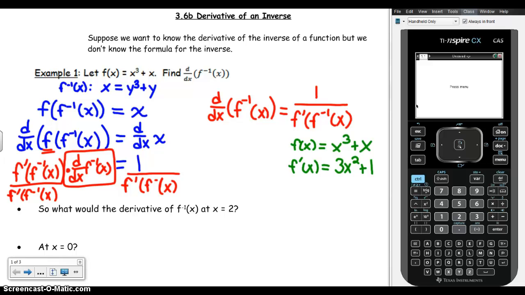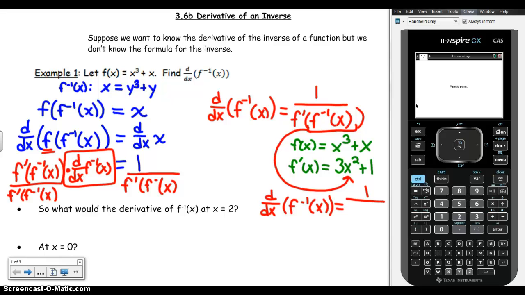So this notation up here says take the inverse function, f inverse of x, and plug it into the derivative function. So we're going to plug this in where we see x. So in this case, the derivative of the inverse is going to be 1 over 3 times the inverse squared plus 1.